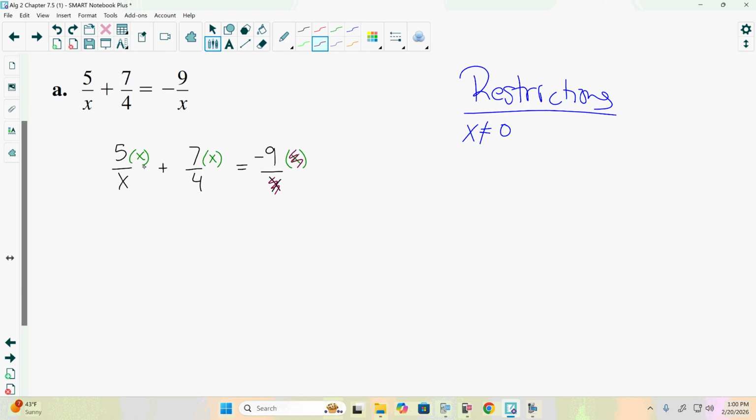So we know that's for sure. But before we start multiplying anything else, let's just make sure nothing else cancels. Nothing else simplifies up to here, but let's check and make sure. Our middle term, 7/4, well, this would be 7x over 4. Nothing reduces. And the other term, 5x over x, well, this x over x would indeed reduce.